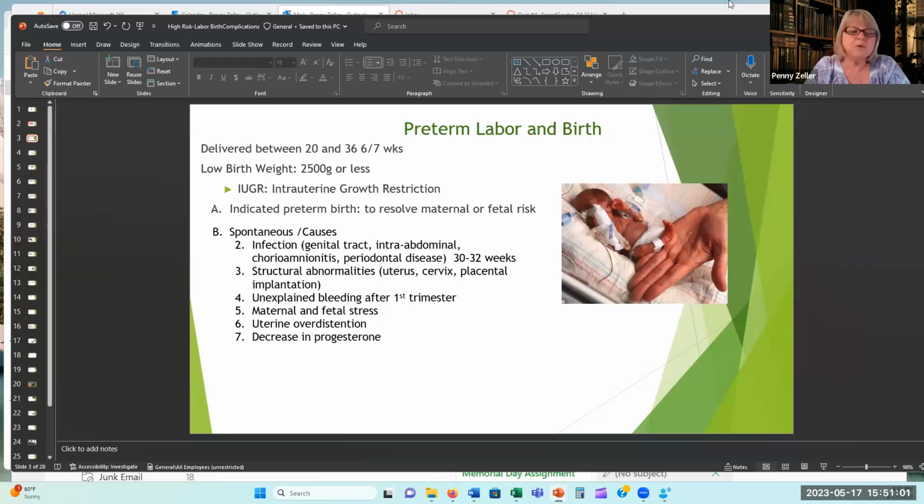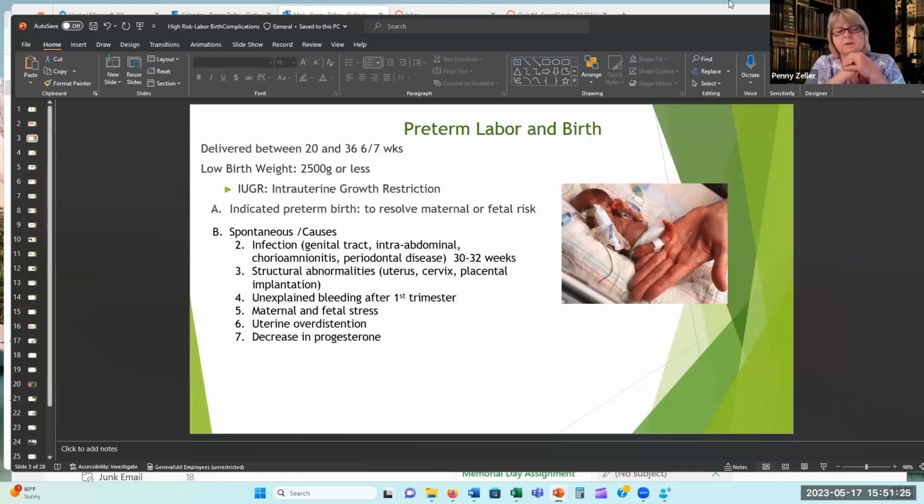There's some structural abnormalities. If a client has a didelphys uterus, in other words, a divided uterus with two parts, maybe it's like a heart-shaped uterus, and one side of the uterus is not functional, so the baby's grown in only half of a uterus, so they might deliver early. Okay.